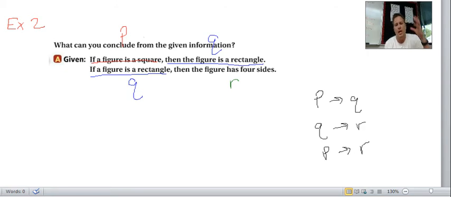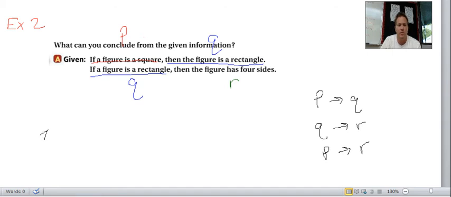Alright, so we said if a figure is a square, then the figure is a rectangle. That's a true statement. And if a figure is a rectangle, then the figure has 4 sides, and if that is a true statement, then we can take P right here and R together. What is that going to look like?